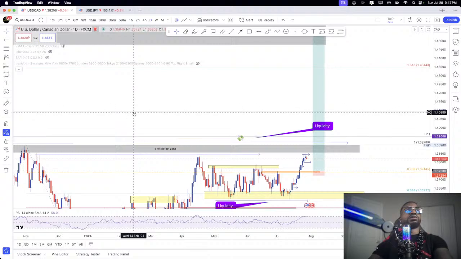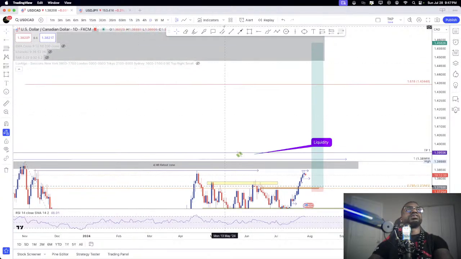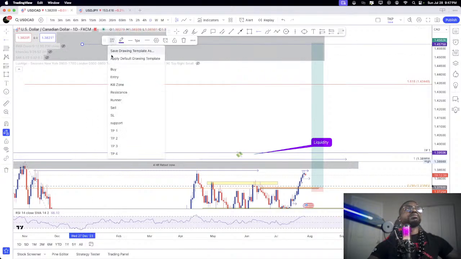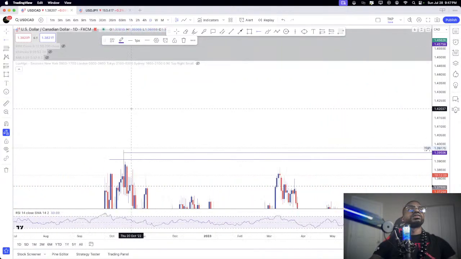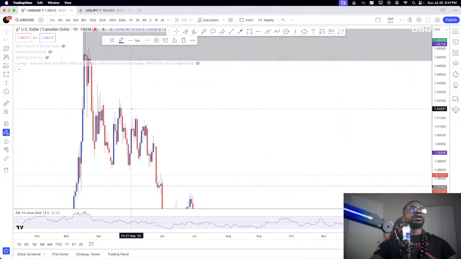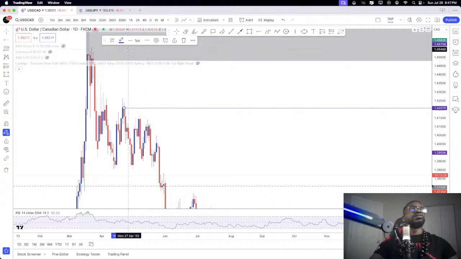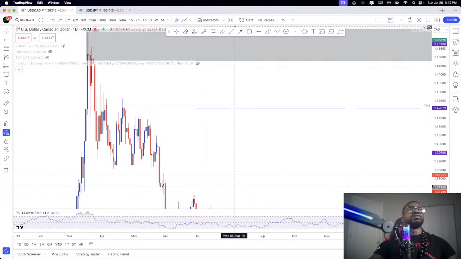Let's get this out of the way. Figure out what TP2 is. Right here, the high, this is our TP3. Okay, right here. This is where we have TP2. Right above this consolidation right here.